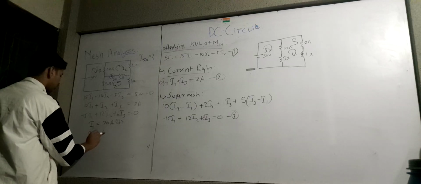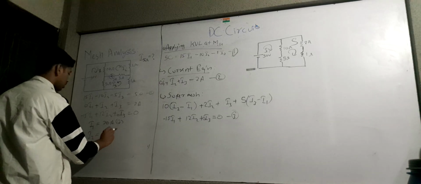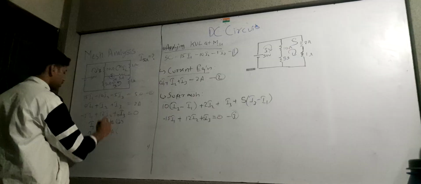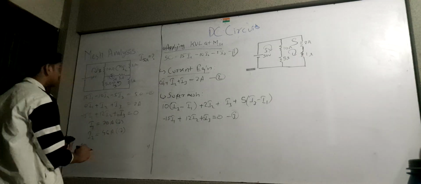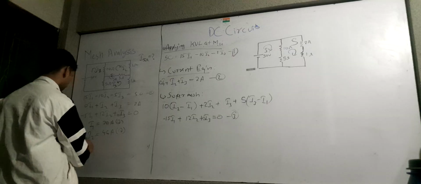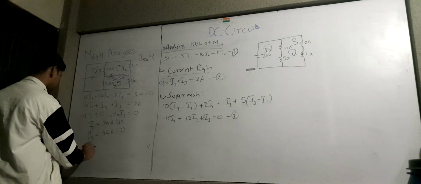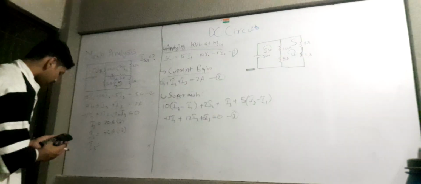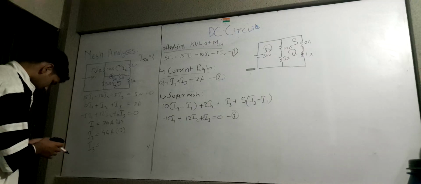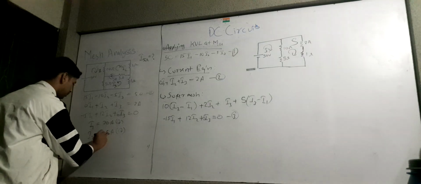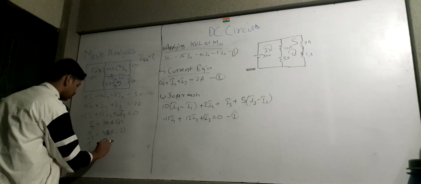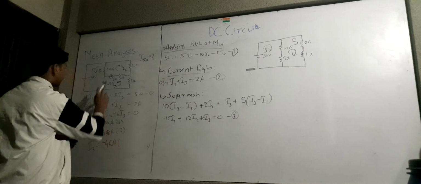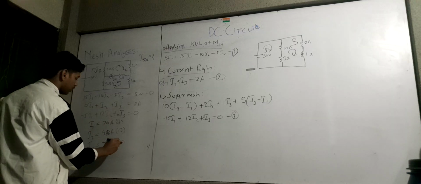I2 is equal to 48 amps. We had assumed it also clockwise, and then finally I3, which is, sorry, my bad, we are getting minus 46 amps, which we had assumed earlier anti-clockwise.